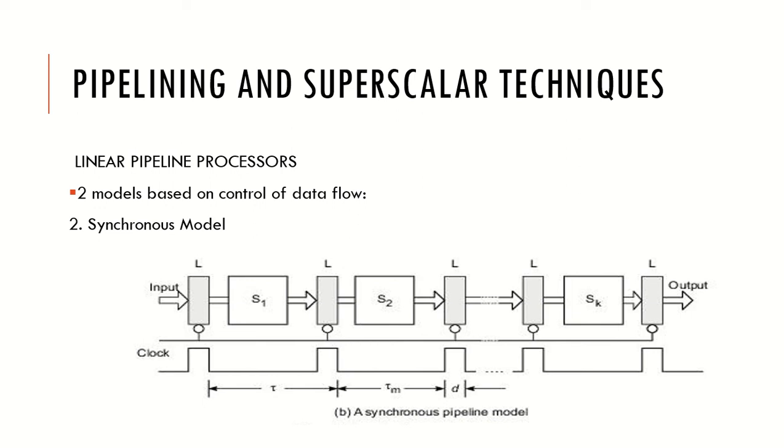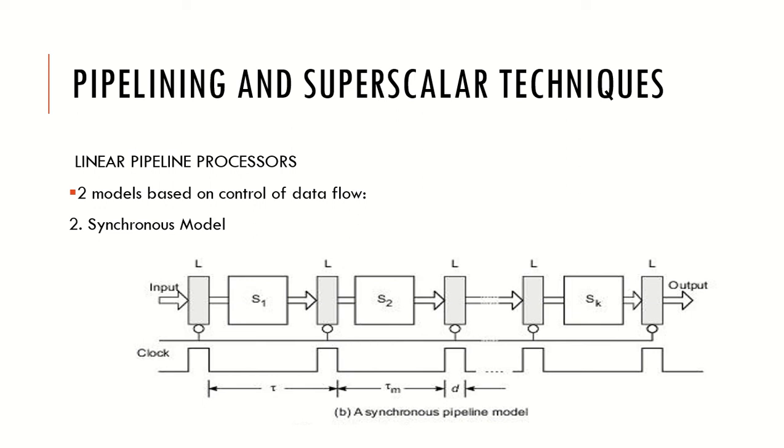Each latch is given a control signal whenever you can see a rise in the clock cycle. Whenever there is a rise in the clock cycle, S1 will transfer its content to S2, S2 will transfer its content to S3, and so on. So this is how a synchronous model works.